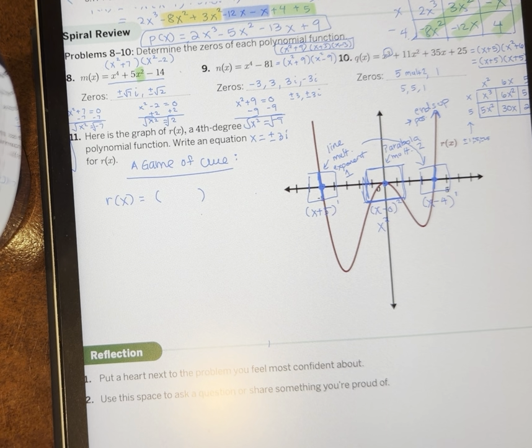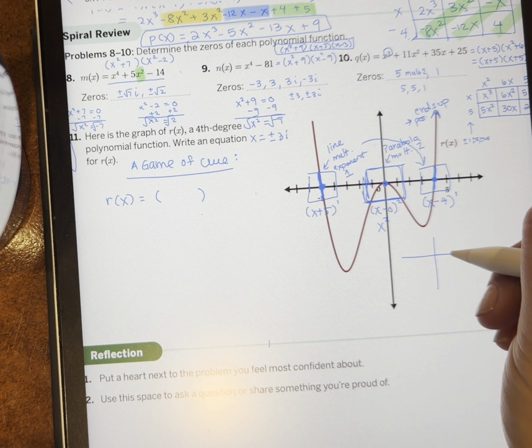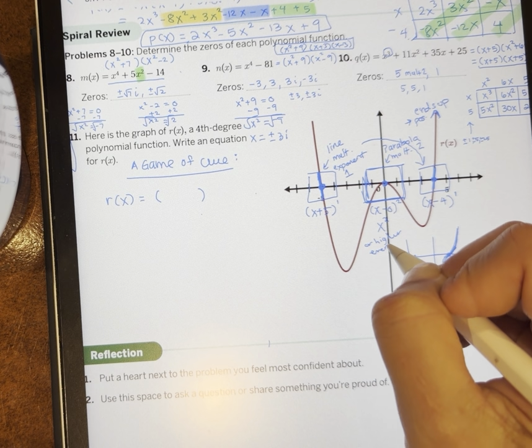Okay? And then this problem doesn't cover it, but if we have an x-intercept that we wiggle through, that just looks like a wiggle to me. If we wiggle through an x-intercept like these, then I would go with a multiplicity of 3 or higher as long as it's odd. And then with this parabola shape too, you can go with a 2 or higher as long as it's even.